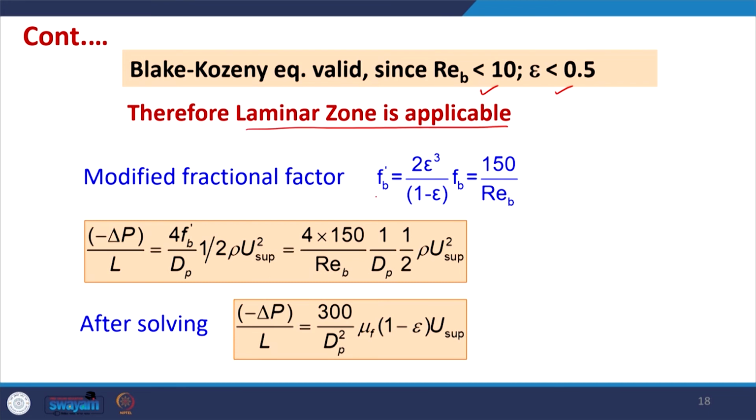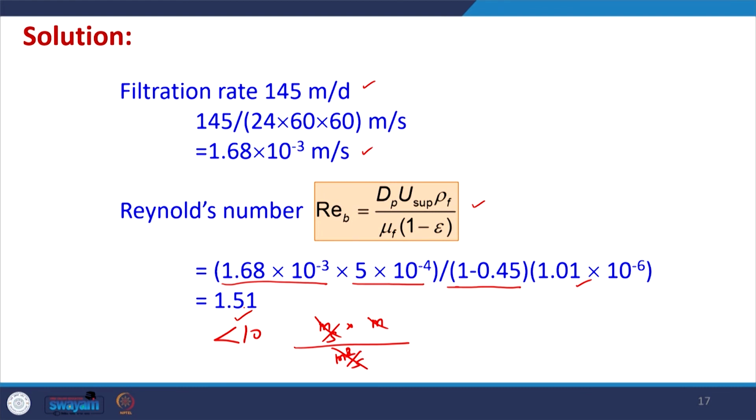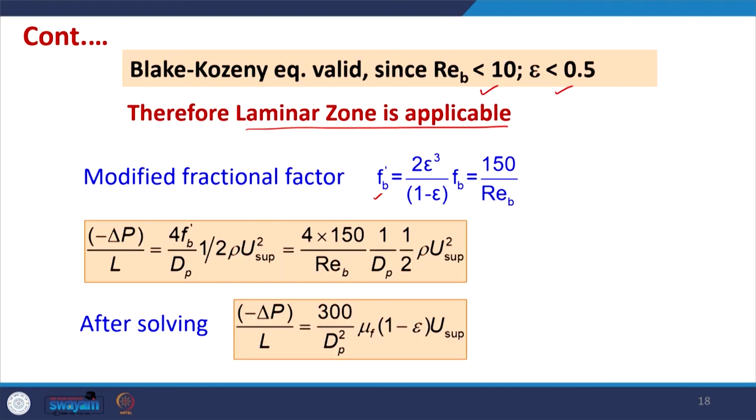We find the modified frictional factor, which is given by 150 by REB, and REB has already been found to be 1.51. So we can easily solve it, and we can use the earlier equations for delta p by L with the definitions given.